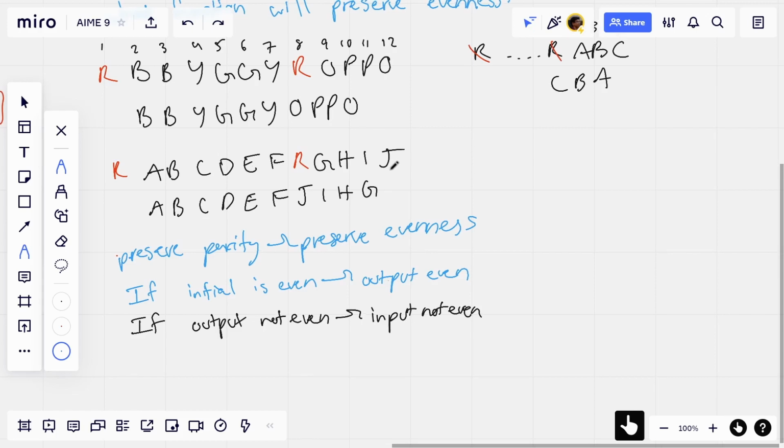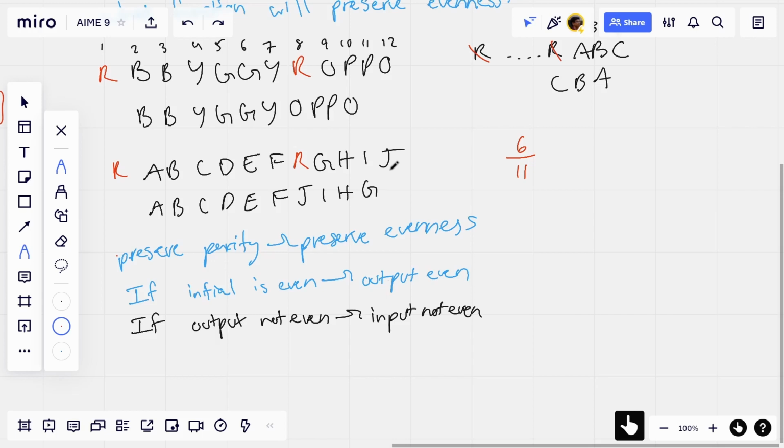So out of 11 positions, there are only six positions for the second R which would allow my sequence to be even, and at least allow my function to work. So 6 out of 11 times I will be able to apply the function one time, and we'll see if it's even.